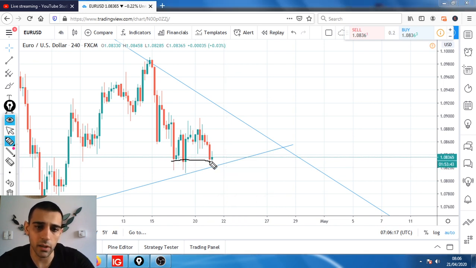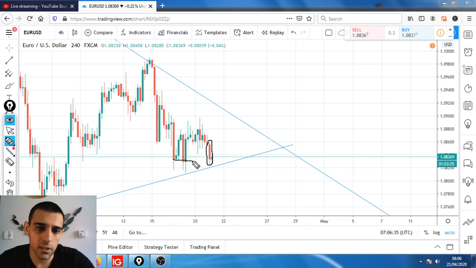We got this low here, and the price found support down here. This candle has just started, so it's 55 minutes before it closes, but we have this good 4-hourly bearish candle.